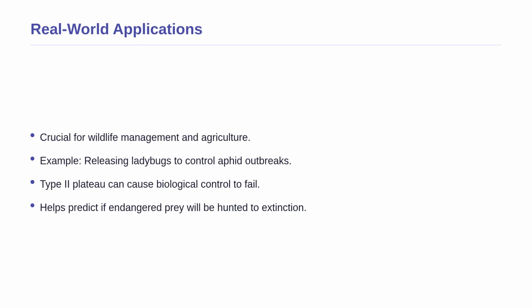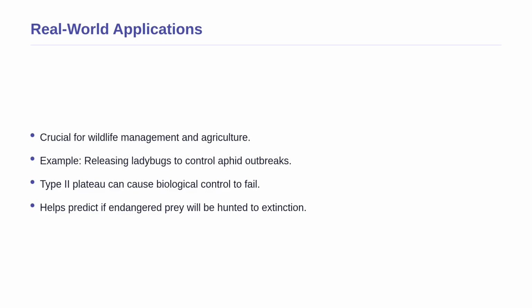Understanding both of these responses is not just academic, it is absolutely critical for real-world applications, like wildlife management and agriculture. For example, if farmers release ladybugs to control a sudden outbreak of crop-destroying aphids, they need to know if the ladybugs can eat enough aphids to stop the swarm.